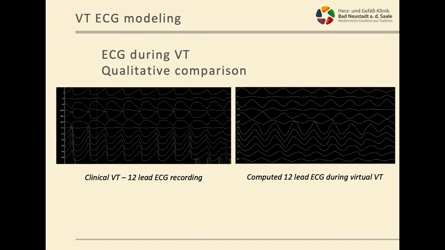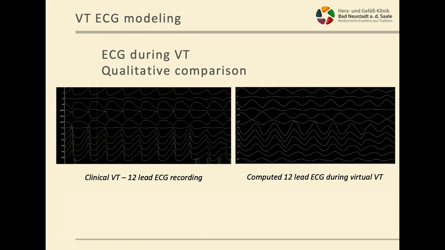Again, going back to EKG modeling, it's a little easier with VT because this is more or less like a pacing situation in the heart. So this was the clinical VT that was induced in this patient, and this was the computed 12-lead EKG from the model based again on the scar and the three-dimensional visual estimate of the heart, and you can see it at least looks in some parts comparable to the clinical VT.